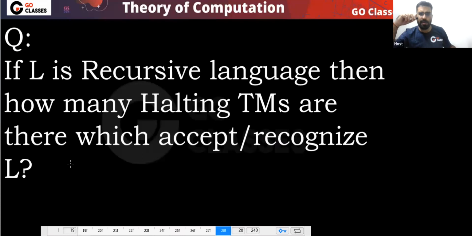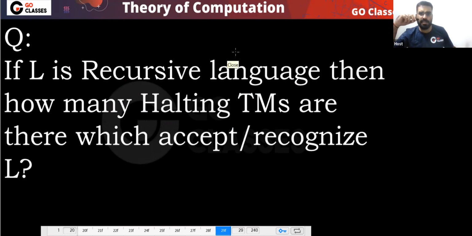Now let's move on. Tell me about this one. If you have a recursive language, how many halting Turing machines can you create? If you have a recursive language, then there exists at least one halting Turing machine. Then you can add unreachable states.